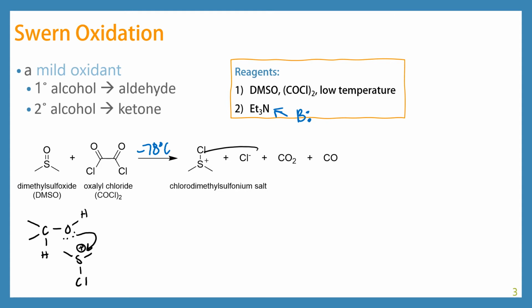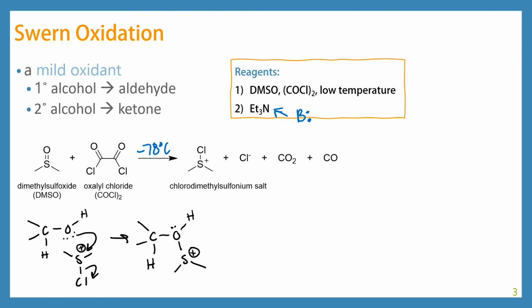It's a salt because you have 2 ions, they're neutralizing each other. And when you do that, it's going to kick out the chlorine, which gives us this kind of weird intermediate, where we have a positive charge on the sulfur here.